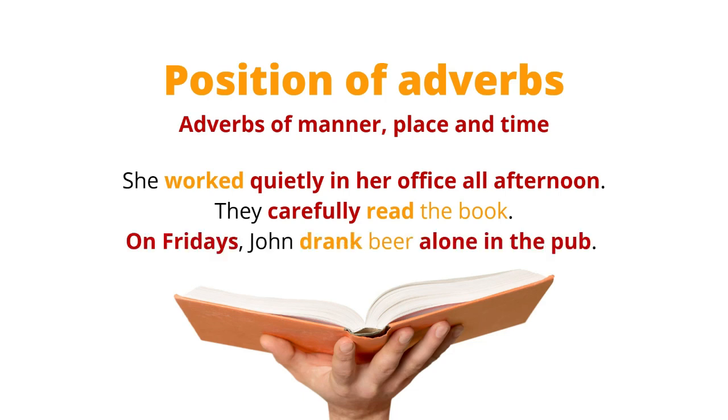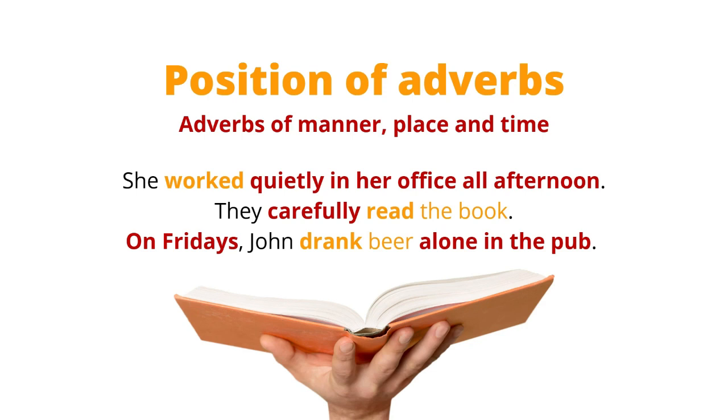On Fridays, John drank beer alone in the pub. Now, in this one, I put on Fridays at the beginning. As I showed you earlier, sometimes we put these phrases of time at the beginning instead of at the end. We have John drank beer. Again, don't separate drank beer. Alone is the manner. In the pub is the place.